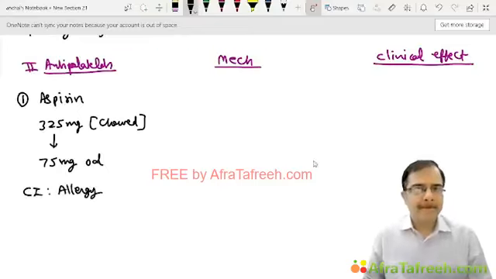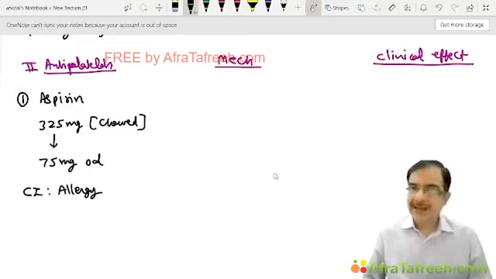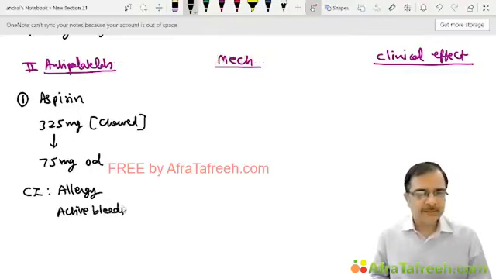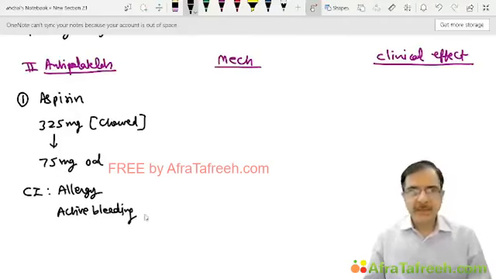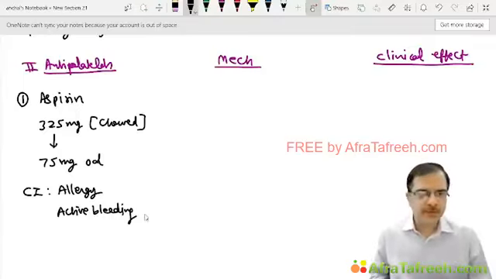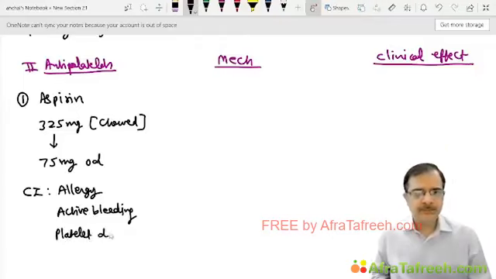Contraindication is allergy. It should not be given, as well as if there is active bleeding, like a peptic ulcer, and if the patient is a known case of some platelet disorder.